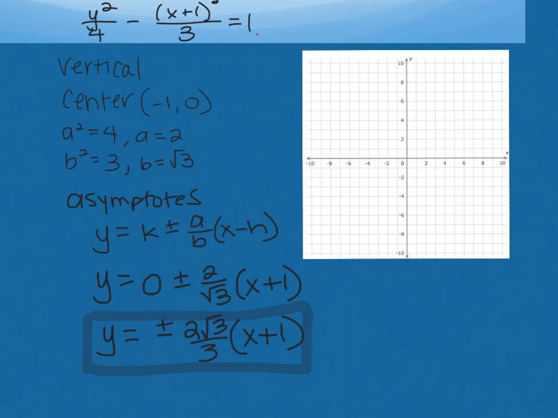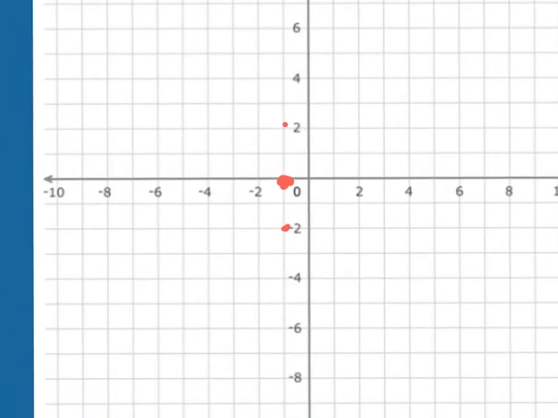Okay, so now I've got center at -1, 0. Vertical, so I'm going up and down the a, which is 2. Right and left the b, which is square root 3, and we're going to approximate that to be like 1.7, 1.8. I know it's close to root 4, which would be 2. So then I'm going to go right and left like 1.8.